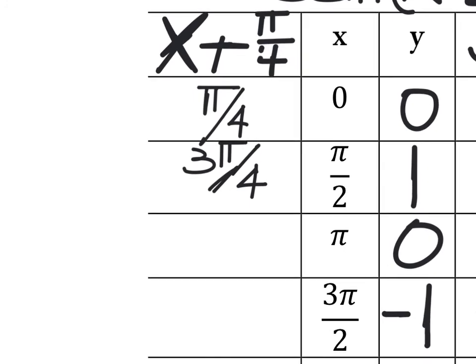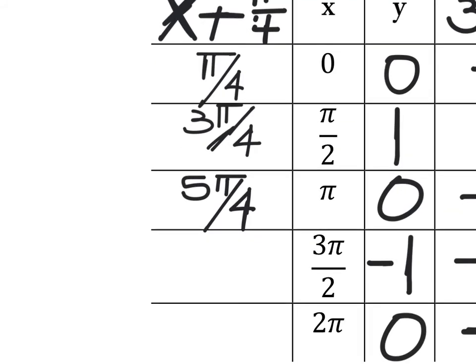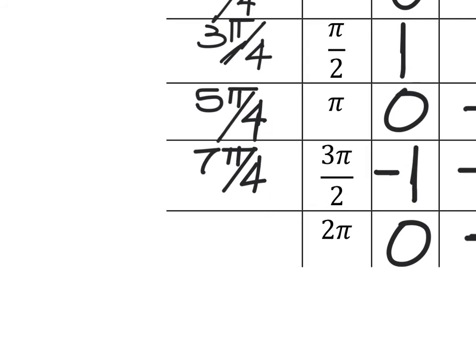Okay, pi plus pi over 4 would be 5 pi over 4. 3 pi over 2 plus pi over 4 is going to be 7 pi over 4. And then we get 9 pi over 4.